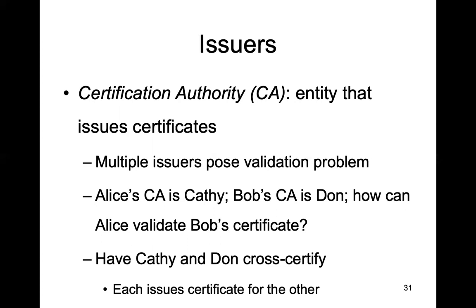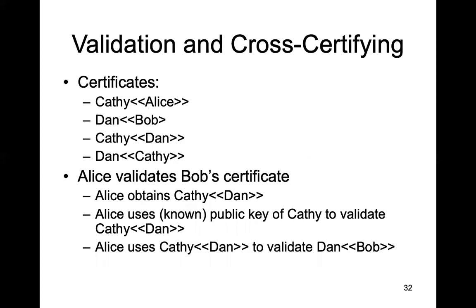This can actually be a multi-level hierarchy, where if Kathy is unwilling to do it for Don, maybe Kathy has her own certificate authority, and Don has his own certificate authority, and those two are able to cross certify each other. So you can imagine like a tree-like hierarchy where this cross certification happens at some level or the other.